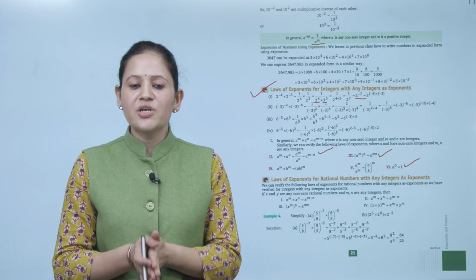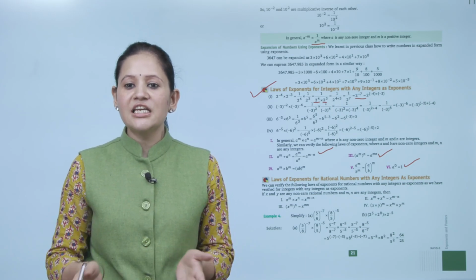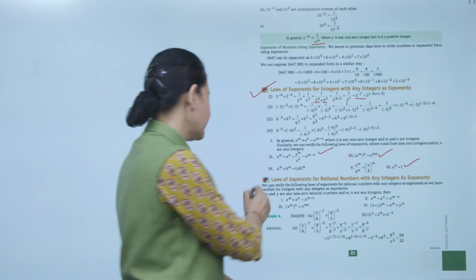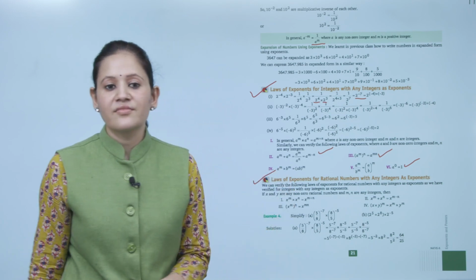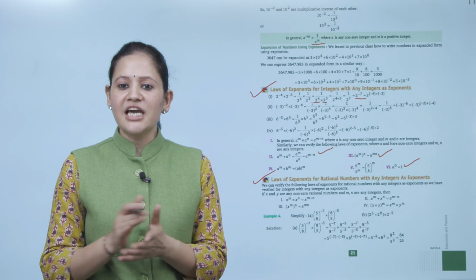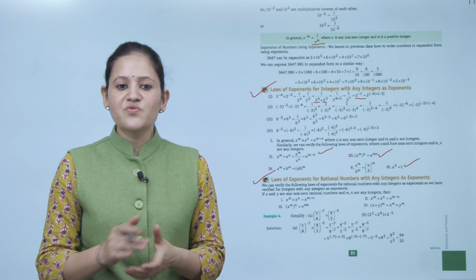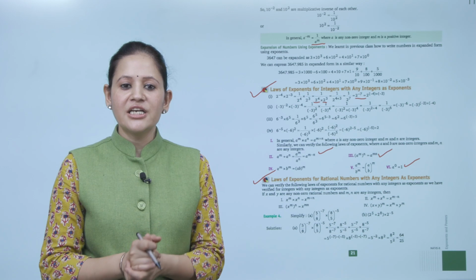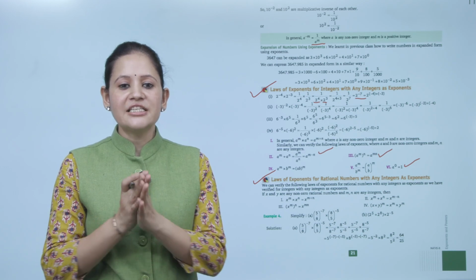Next is laws of exponent for the rational number with any integer as exponent. We can verify the following laws of exponent for rational numbers with any integer as exponent, as we have verified for integers with any integer exponent.